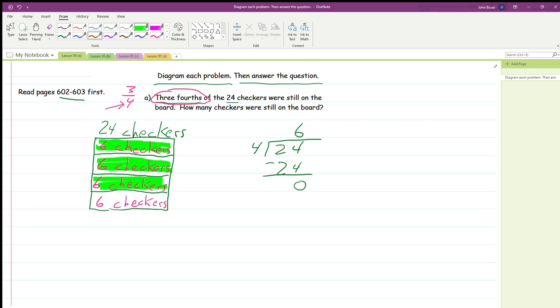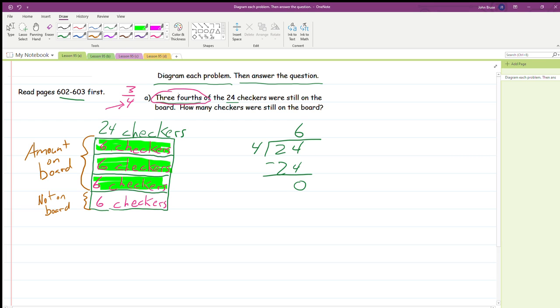So let's see here. This amount here is the amount on board. And then this part here is the amount not on board. 1/4 of it.